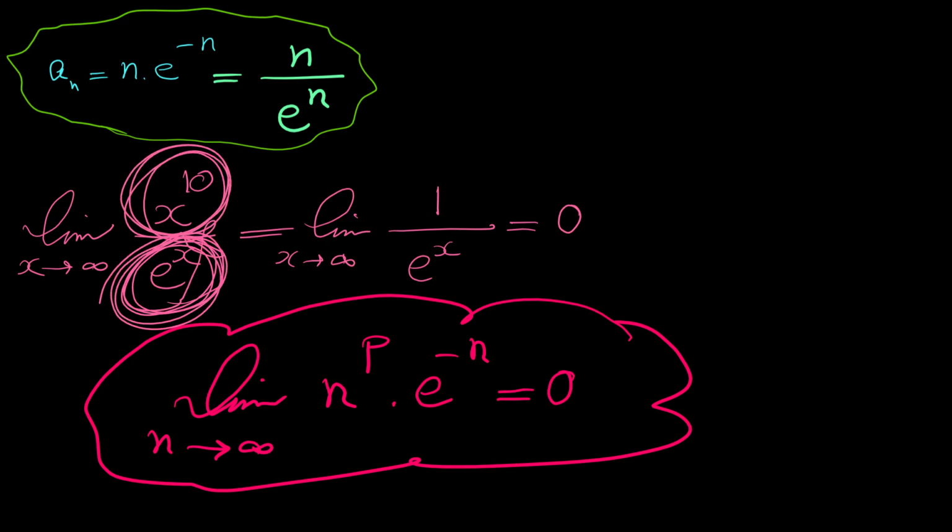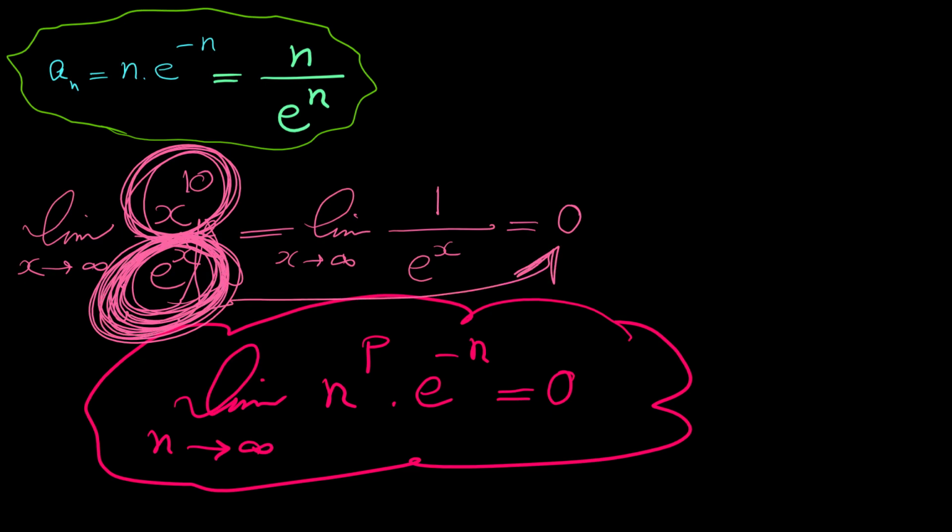So the denominator is much bigger than the numerator. When the denominator is significantly bigger, the limit is 0.